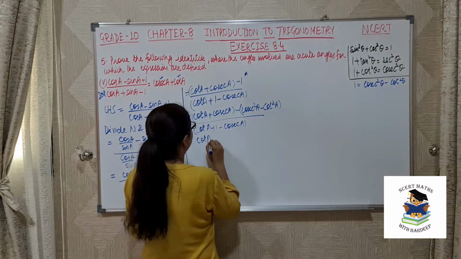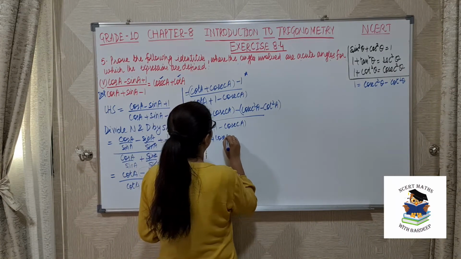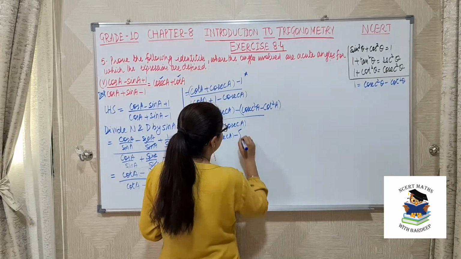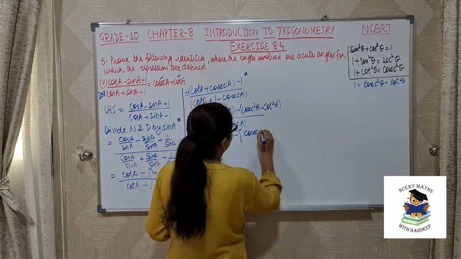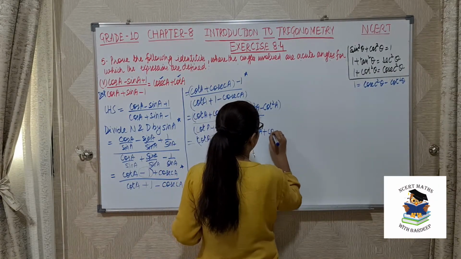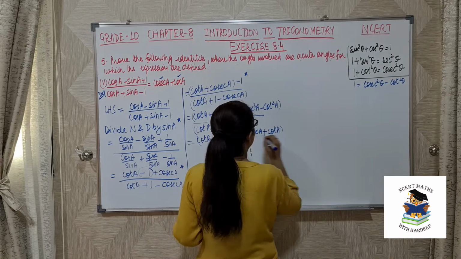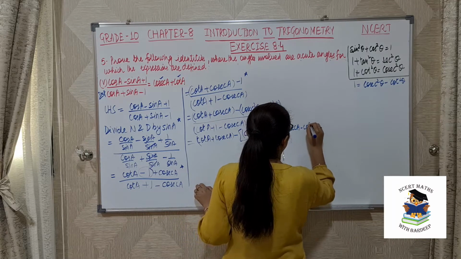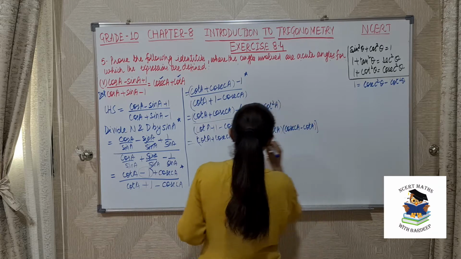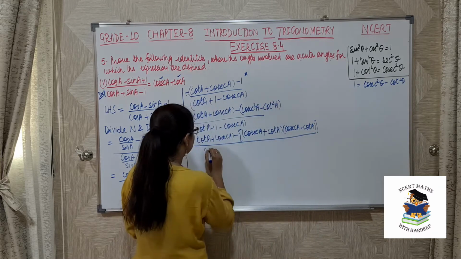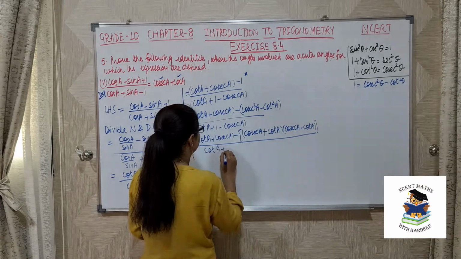So cot A plus cosecant A as it is, minus, so this is now cosecant A plus cot A, a plus b and a minus b. I hope this step is clear. I have used a square minus b square.